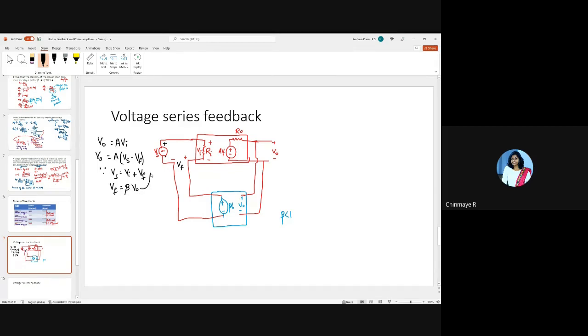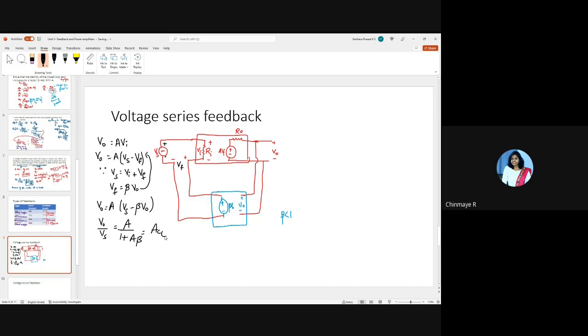So you substitute that here. I can write V naught is equal to A times (Vs minus beta V naught). So now V naught by Vs will be nothing but A by 1 plus A beta, which is the closed loop gain. We have already derived this, but just for the sake of completeness, we did this again.